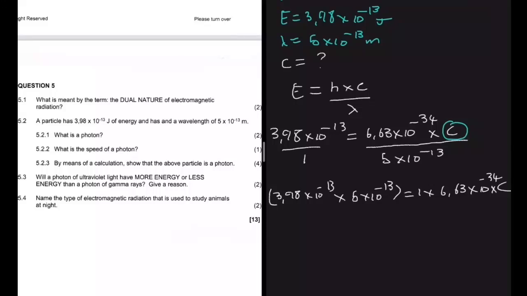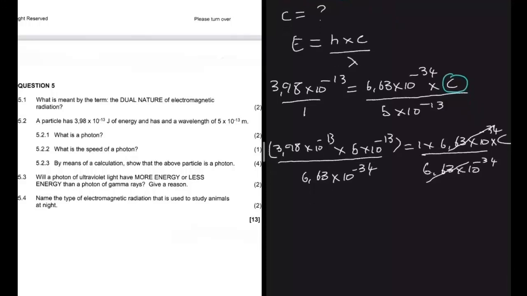And then from here on, we're going to divide both sides by the coefficient of C, because we want to isolate C. It is the value of C that we're looking for, right? So we're going to divide the right hand side by 6.63 times 10 to the minus 34. So this number and this one, they cancel out. And then on the left hand side, we have to divide with the same number, right? So that we maintain our equality.